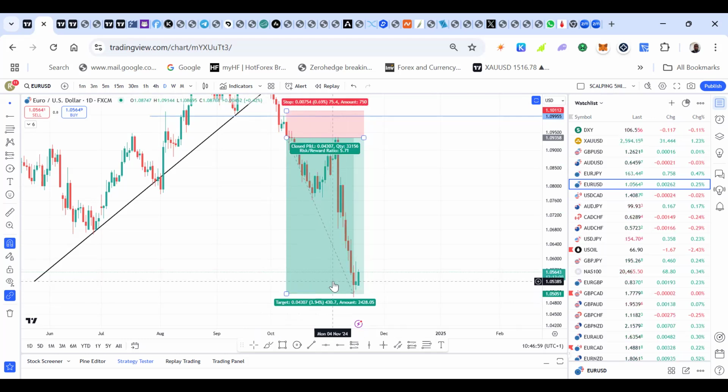So 430 pips, if you are someone who is trading with standard lot size, okay? If you are trading with standard lot size, 430 pips, as a swing trader now, that would be enough for some people. That is just enough for them for the month. 430 pips times 10.